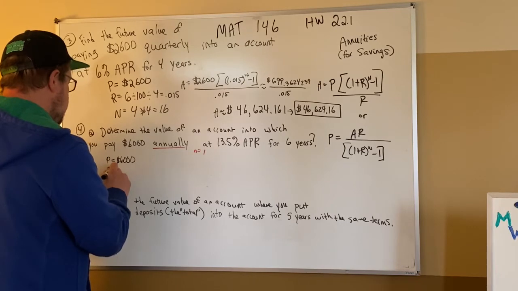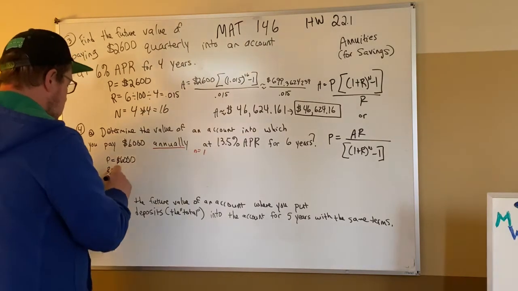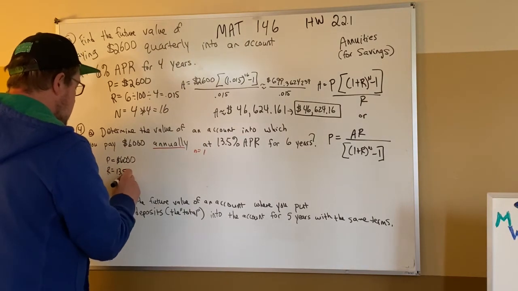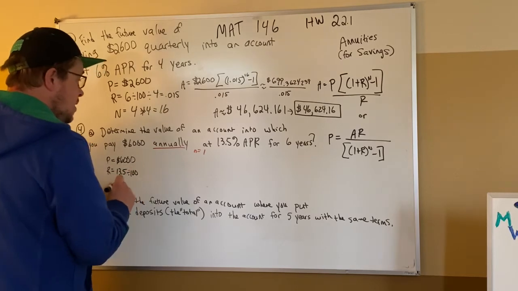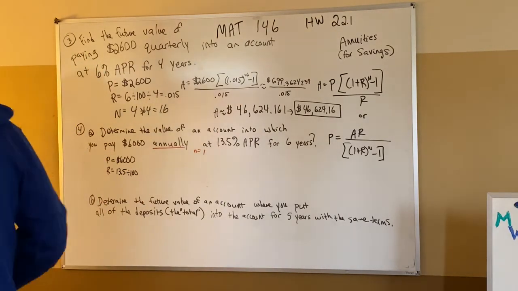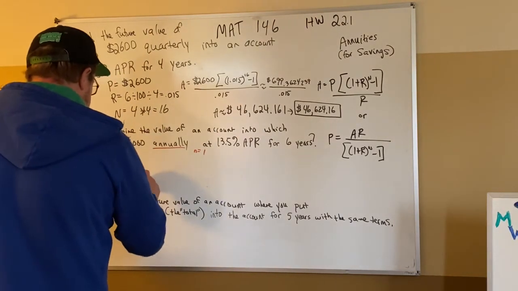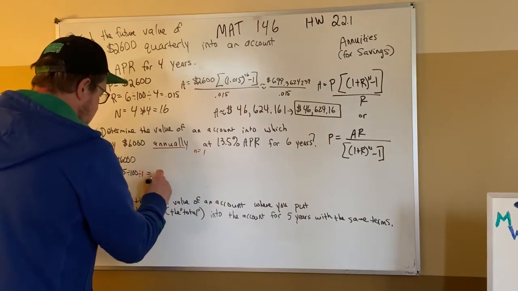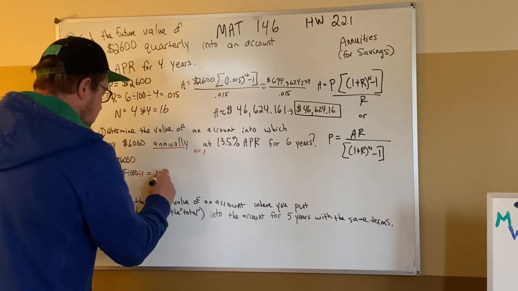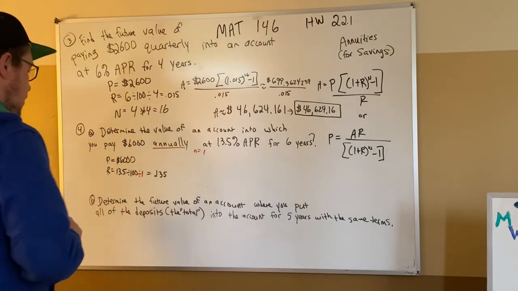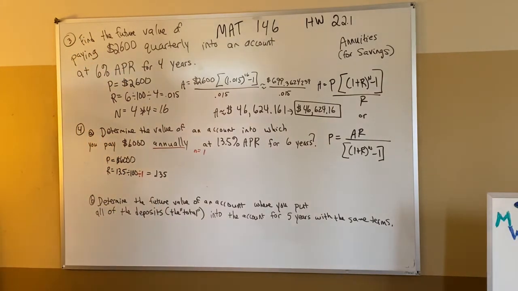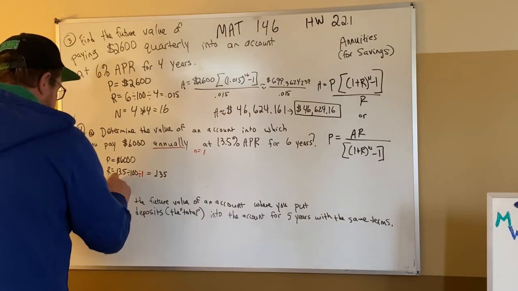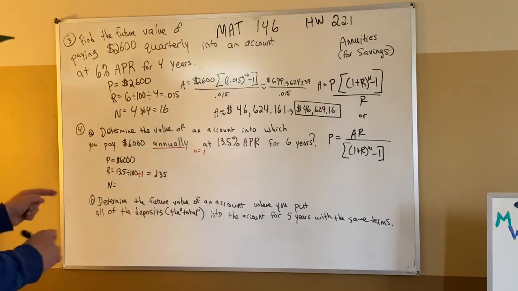R is the interest rate, 13.5%, means divide by 100, and it's going in annually. So if we see this division by 1, that's why this gets to just stay 0.135 when we divide by the 100, and that will go in that way because it's once per year. And now our N, number of periods, is once per year, but it's 6 years.